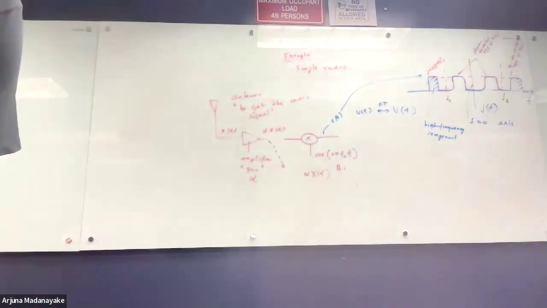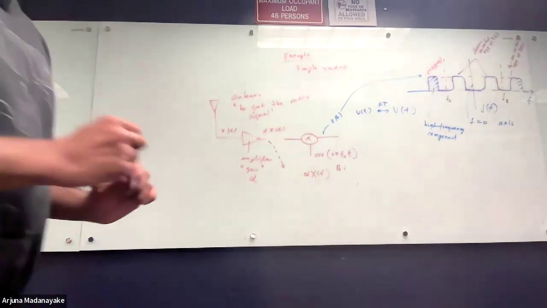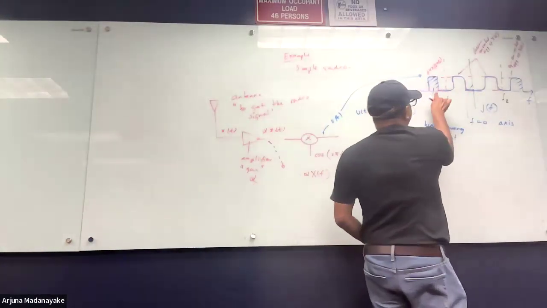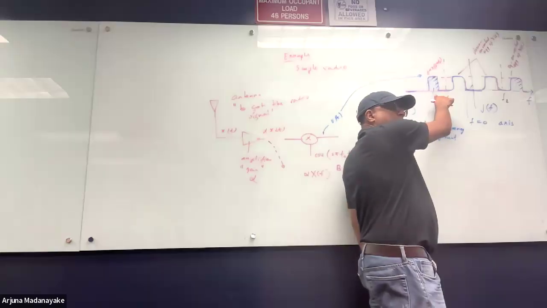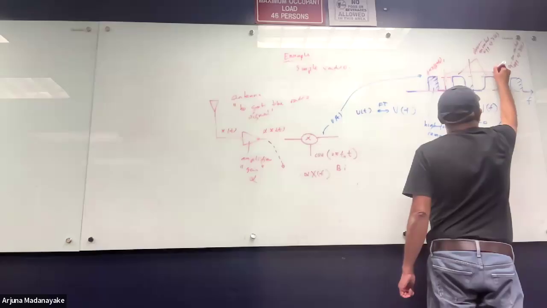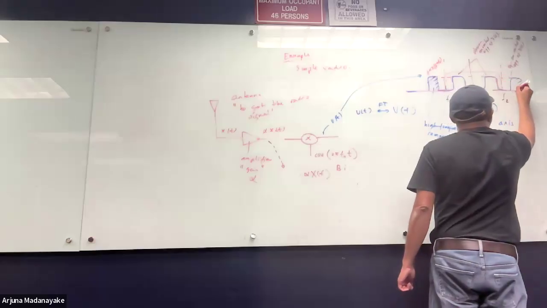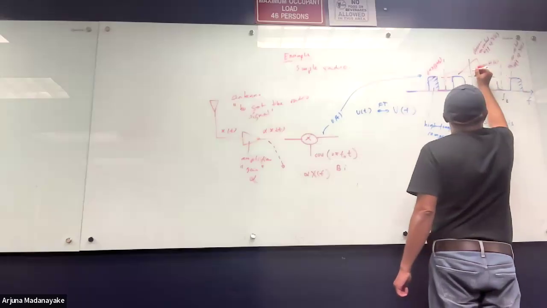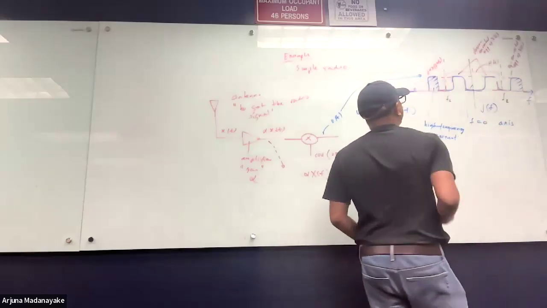So we are going to put in a low pass filter, which has a transfer function that is 0 in the places where the stuff that we don't want exists, and is 1 in the places where the stuff that we do want exists. So this is my h of f. Let's say this is 1 and this is 0.